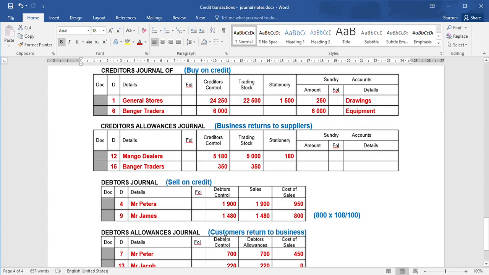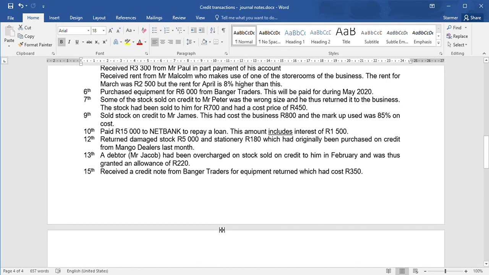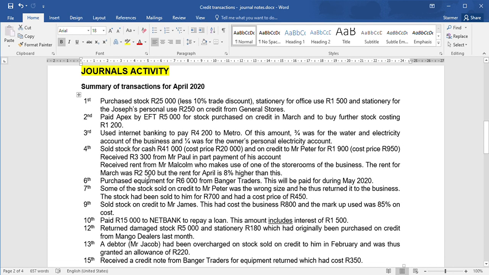Now when you're doing these activities, I strongly recommend that you read through the transactions and enter straight away into the relevant journal. Don't read them through and decide on which journal to use first, and then have to go back and reread everything to figure out what you need to record. It's much better to read the transaction, decide where it goes, and make the entry straight away.